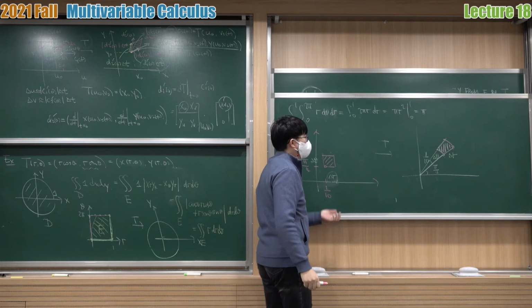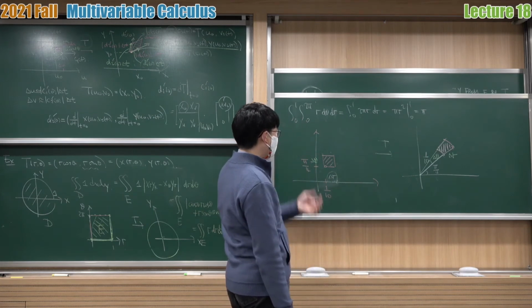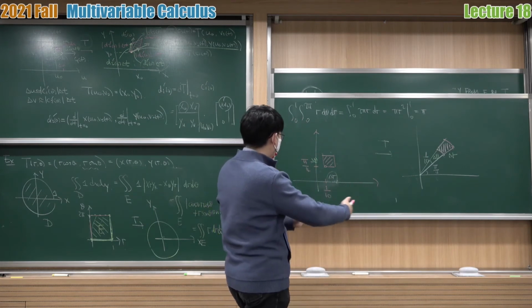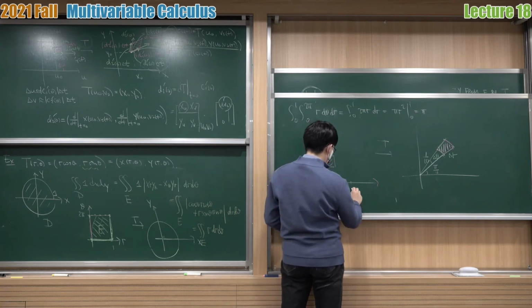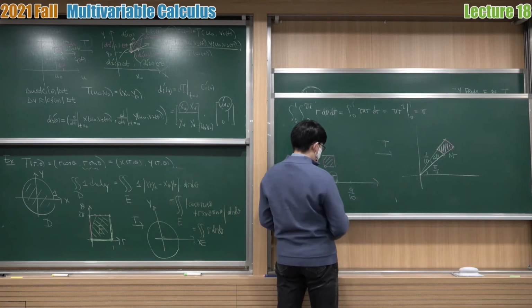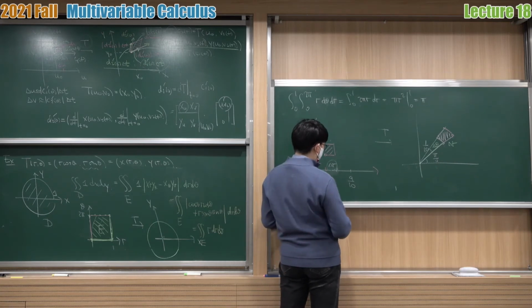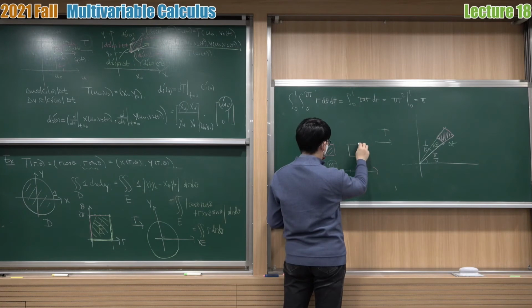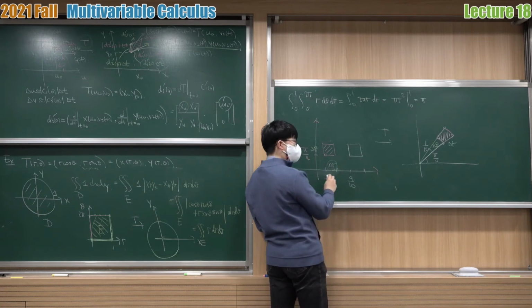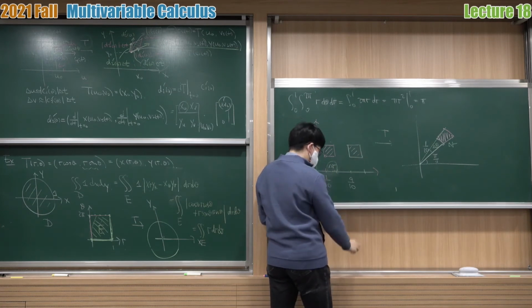So if your r is large, for example, if you take like 9/10 of area with the same increment of r and theta, what happens?